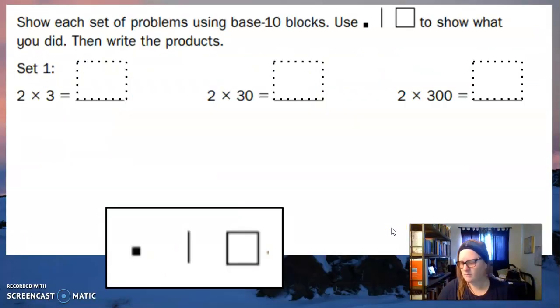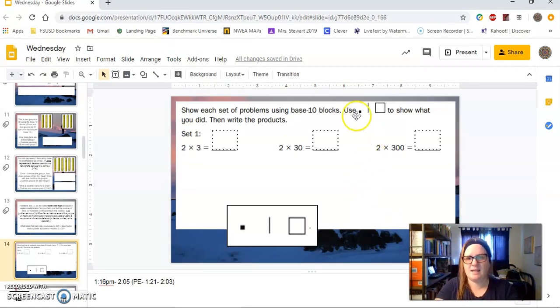So I'm going to show you guys how to do this because this one gave us the dots, the sticks, and the squares. The dot represents 1, the sticks represent 10, and the squares represent 100. So let's say I want to solve, and I need to show this, okay? So I'm taking these pictures and I'm dragging them over because I have a ton right here that I can use.